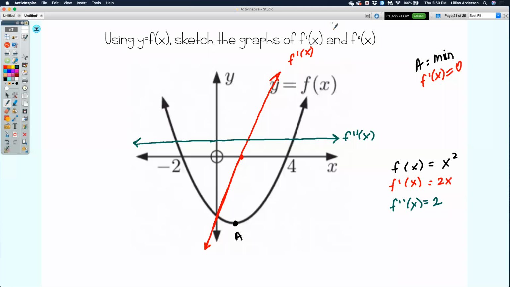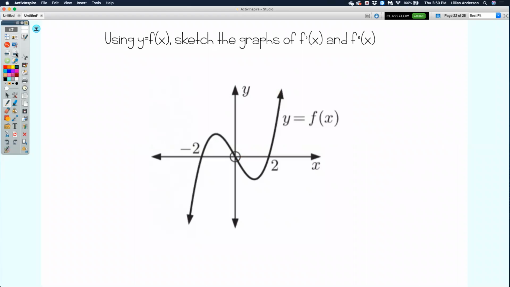Okay, same thing. Let's sketch the first derivative and the second derivative based off of this function. Now, when I look at f of x, let's pull out some key features of the original function.